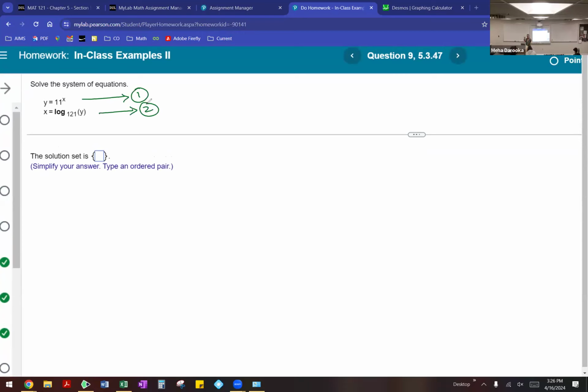Means we will end up getting x equals log base 1.1, and this is where the replacement is happening. So we're actually replacing y and taking what was equation 1 equal to.